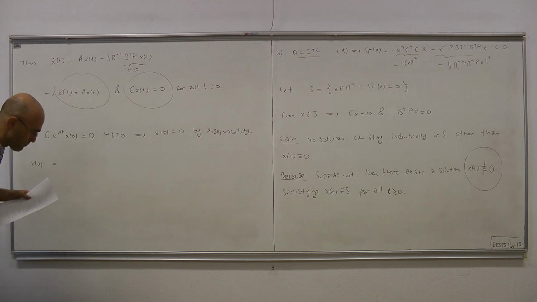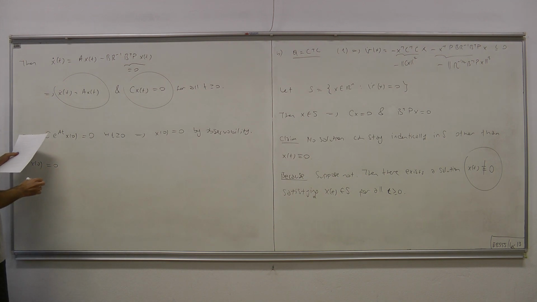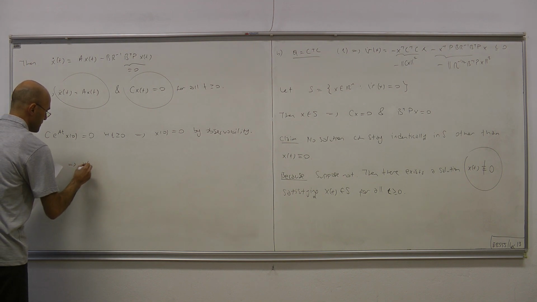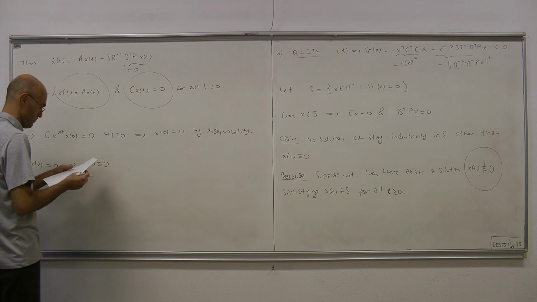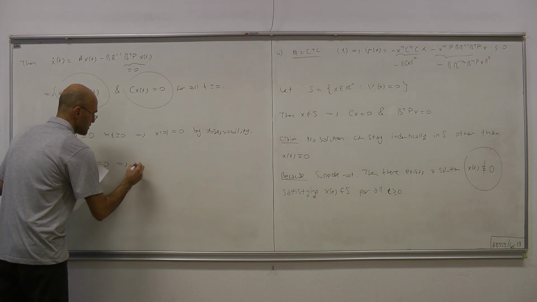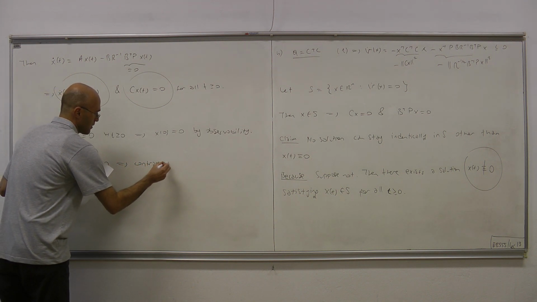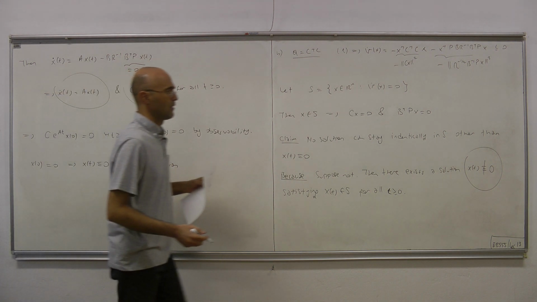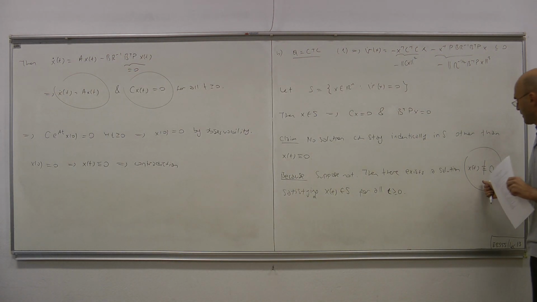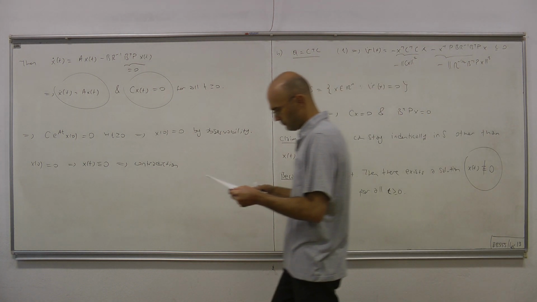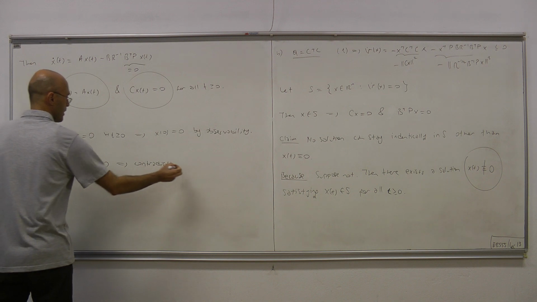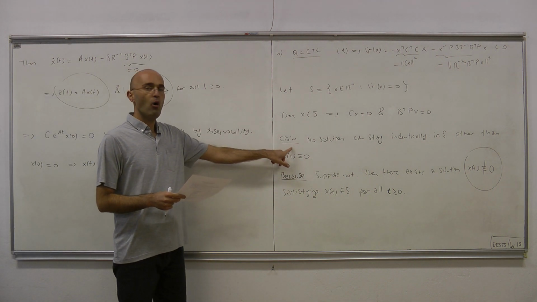X of 0 equals 0 implies that the solution is the 0 solution and x of t is identically 0. And this thing is contradicting our initial assumption here, that x of t is different than 0. Therefore, the claim holds.